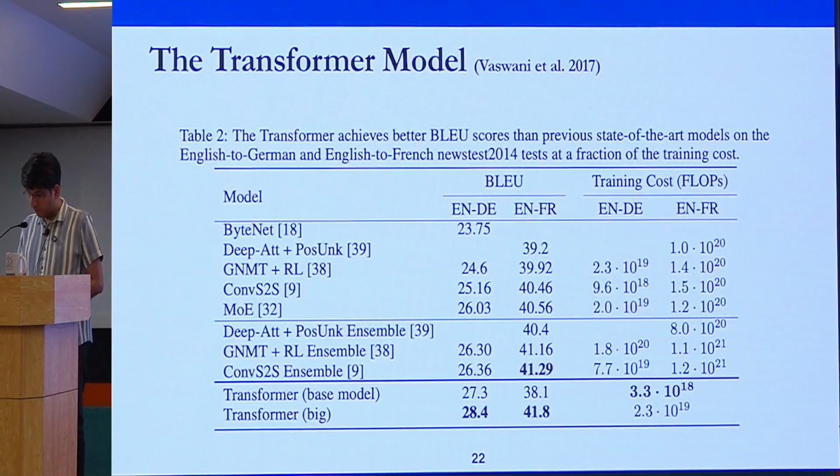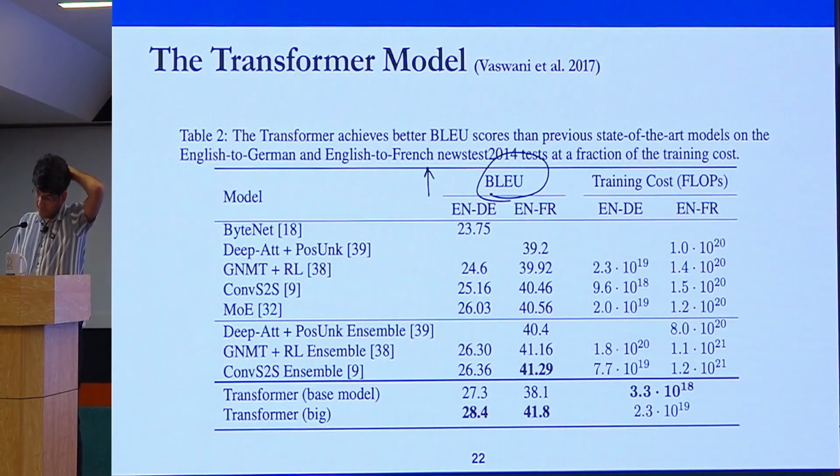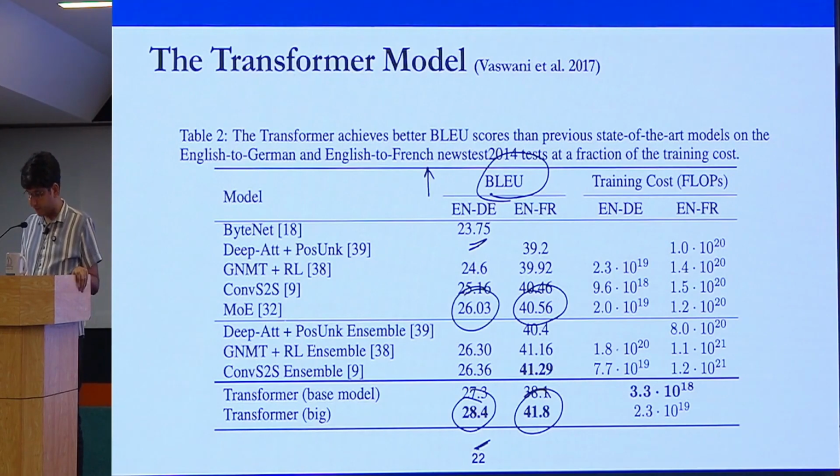These were the results. BLEU is a metric where higher is better for translation. Their numbers are not very much different, though some numbers are better, like 41.8 is better than 41, 28.4 is better than 26. But the interesting thing here is that it all can be parallelized. The encoder is completely parallel, right? If you look at the training cost here, lower is better.